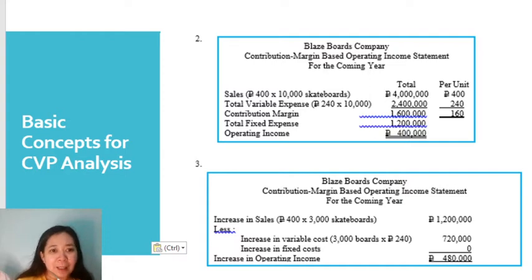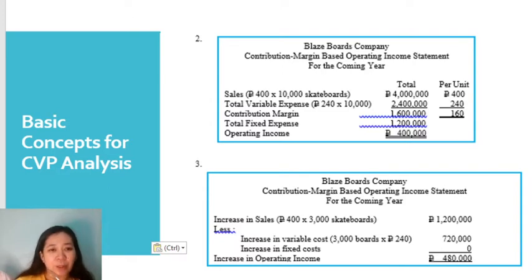In fact, in our previous requirement, we already determined that as 160 per unit. After we derive the contribution margin figure, the next step is to deduct the total fixed expenses, and the remaining balance will be our operating income.